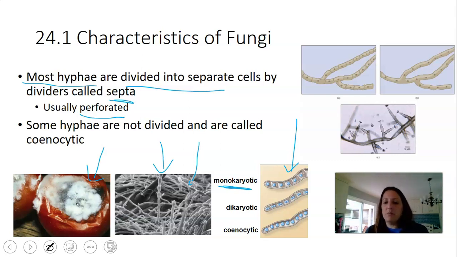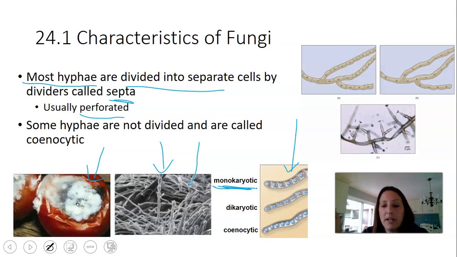So information and materials can flow from one cell to the next, but large things like the nucleus can't. Okay, so for any fungi whose hyphal strands are separated by septa, we see that they are monokaryotic, which means one nucleus. So there's one nucleus per cell.